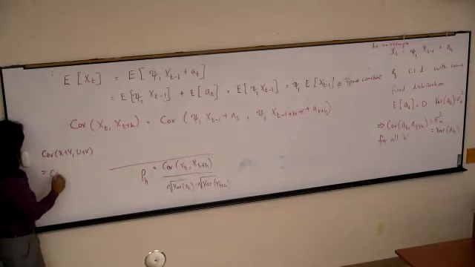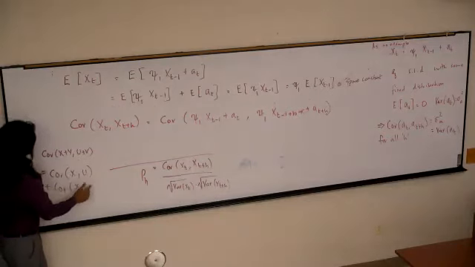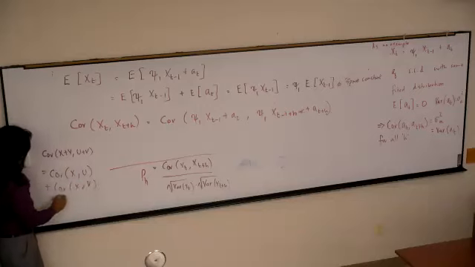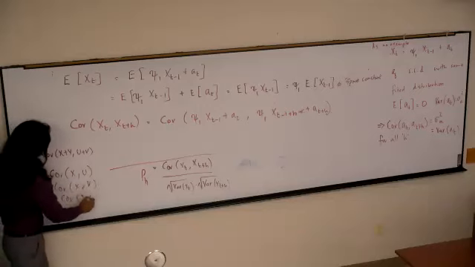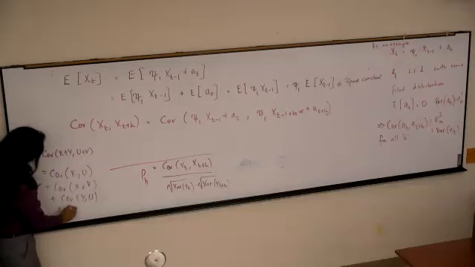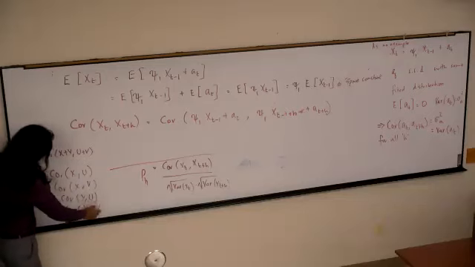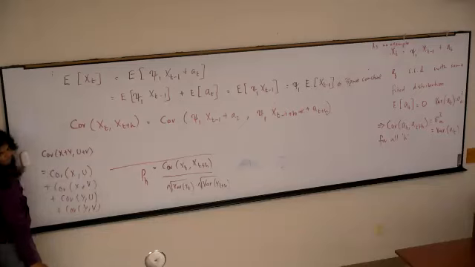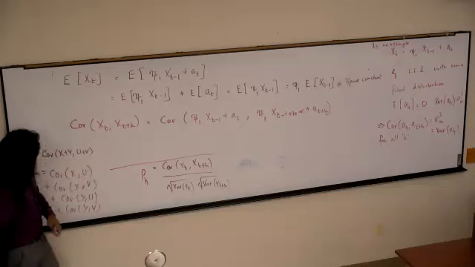This would equal the covariance of x comma u plus the covariance of x comma v plus the covariance of y comma u plus the covariance of y comma v. Is it coming back to you? So x comma u, x comma v, y comma u, y comma v.